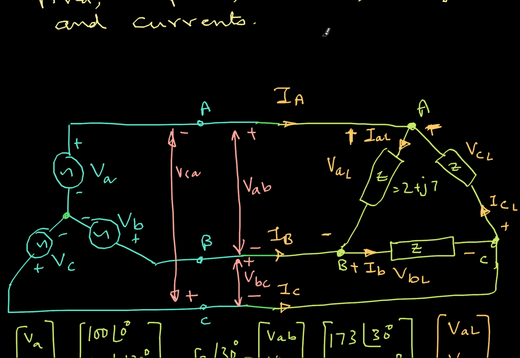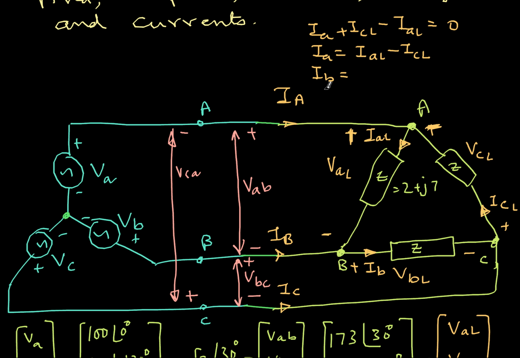Let me write it in this format. IA is the incoming current, plus ICL is the incoming current, minus IAL is the outgoing current. All of them should be equal to 0. From this, if I'm interested only in IA, then IA will be IAL minus ICL. In the same way, apply Kirchhoff's current law here.